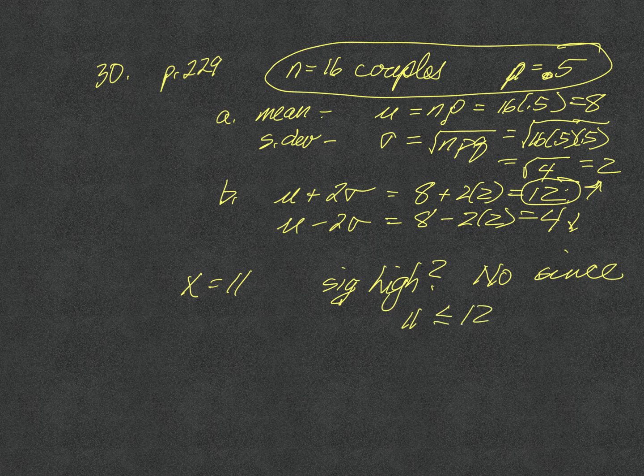So in order for it to be significantly high, it would have had to be 12 or greater. So what does this suggest about the effectiveness of the method of trying to predict the gender of your child? What it suggests is that the method has no effect.